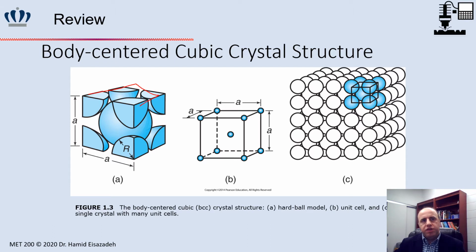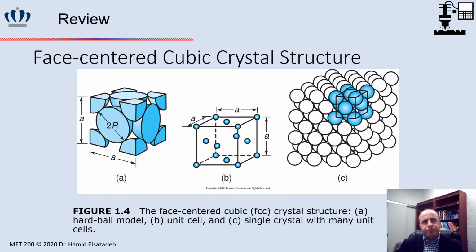The unit cell, we said, is the smallest repeating cell, and every material consists of many of these unit cells, and all of them are the same. For the BCC, we have one atom on each corner, so 8 atoms totally are located on the corners, and we have one atom inside the unit cell.